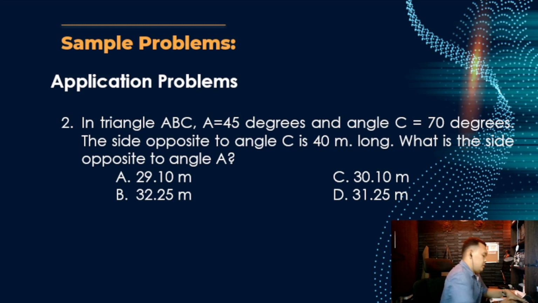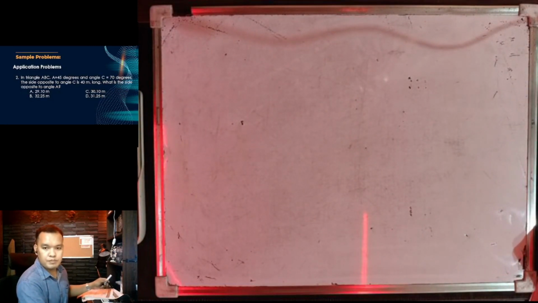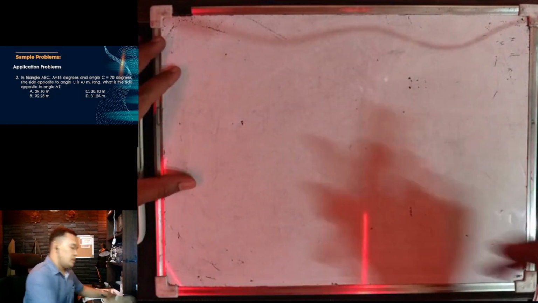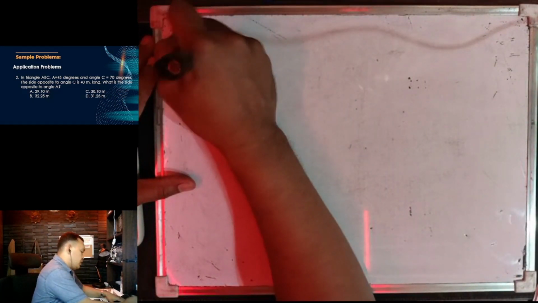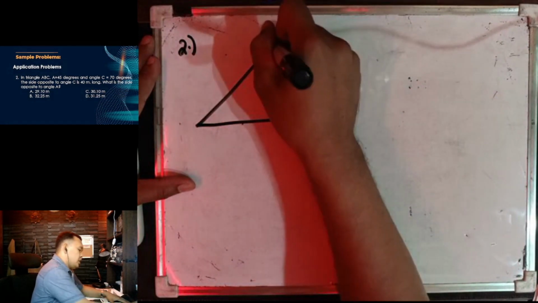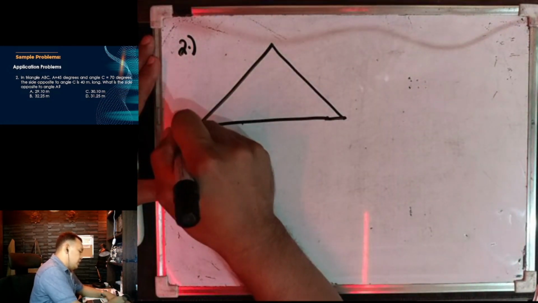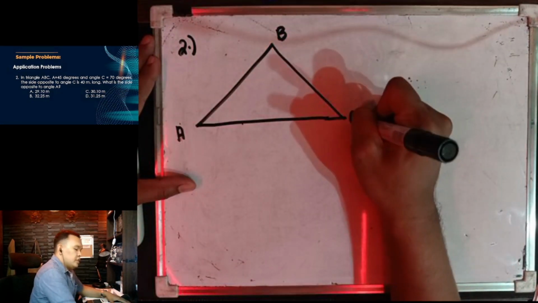Balik tayo dun sa ating board. Mayroon daw tayong triangle, let's say na number 2, triangle ABC.